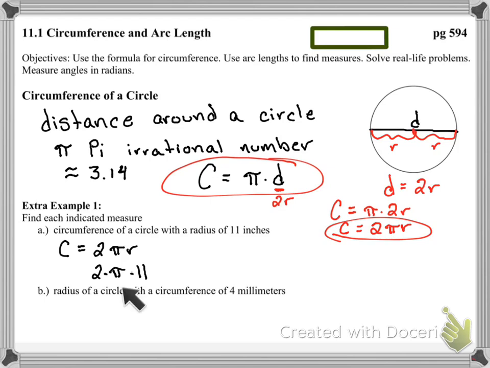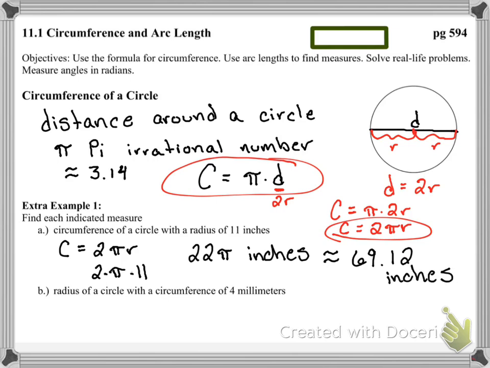We tend to treat the pi like a variable, so I would take the 2 times 11 and write it as 22 pi. And again, this is just the distance around, so that's also measured in inches. So 22 pi inches, but if I wanted to measure this out using a ruler, 22 pi is kind of hard to figure out, so we tend to want to approximate. If I take 22 times pi in your calculator, we end up getting approximately 69.12 inches.